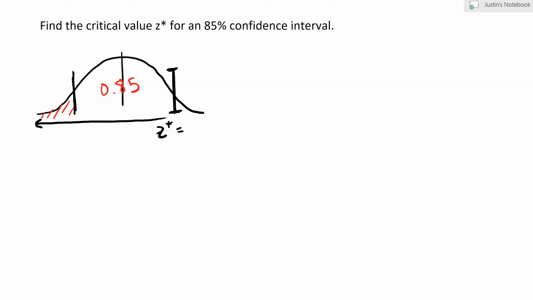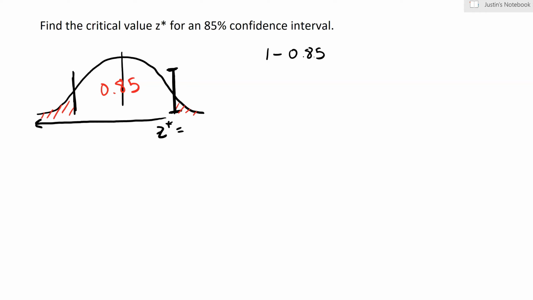Since we know the entire distribution represents 100% or 1, and we already have 85% in the center, we can figure out how much is in both sides, basically the complement, by subtracting it from 1. So if we did 1 minus 0.85, that's what we often call alpha, which is the complement.